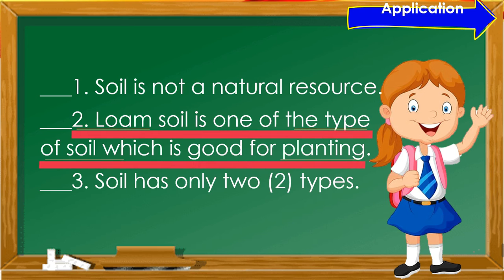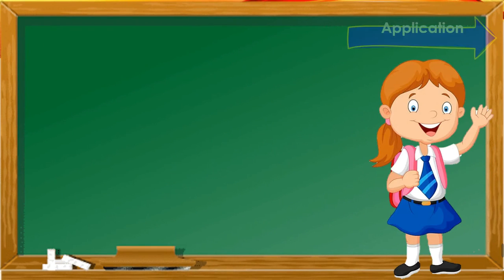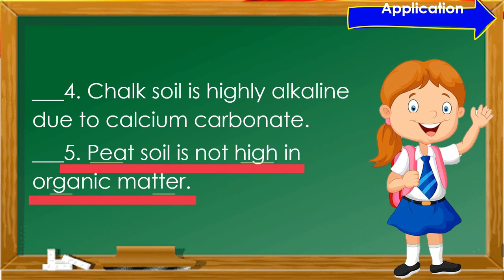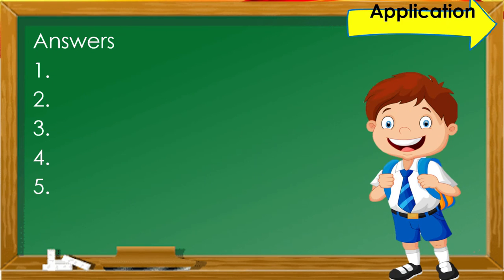Loam soil is one of the type of soil which is good for planting. Number 3. Soil has only 2 types. Number 4. Chalk soil is highly alkaline due to calcium carbonate. Number 5. Peat soil is not high in organic matter.